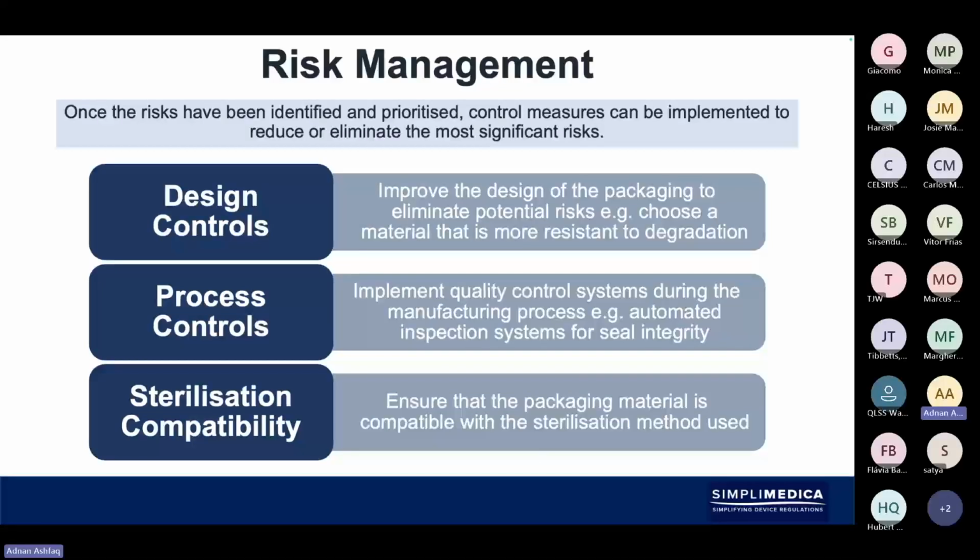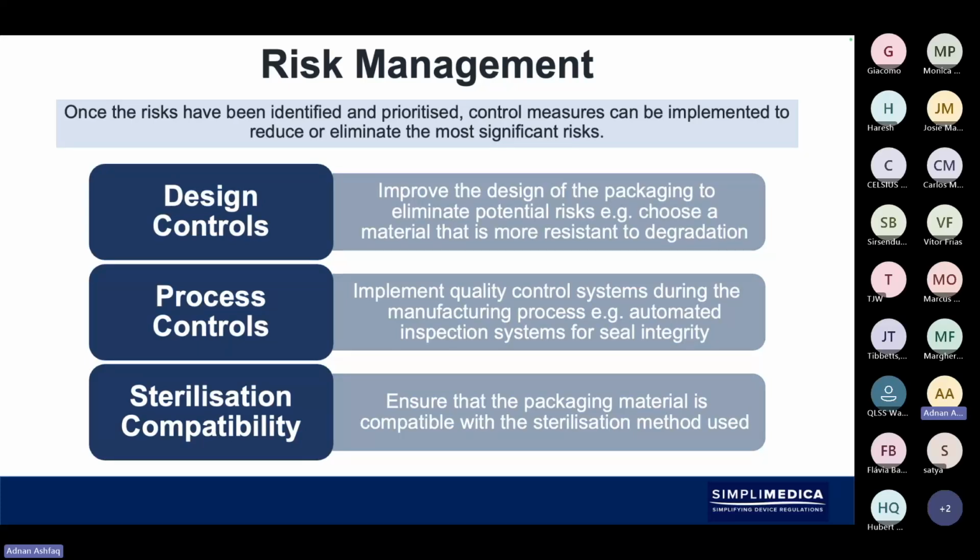So when you've identified the risks, make sure that the measures can be implemented. The whole point of implementing these mitigation measures is that they are there to reduce the risk that's been identified.